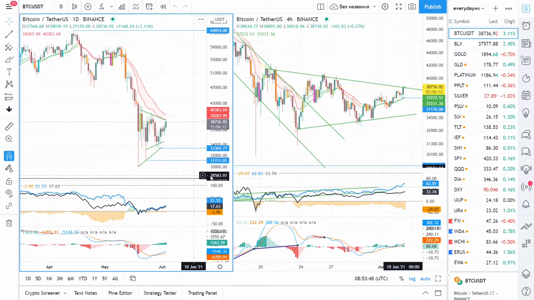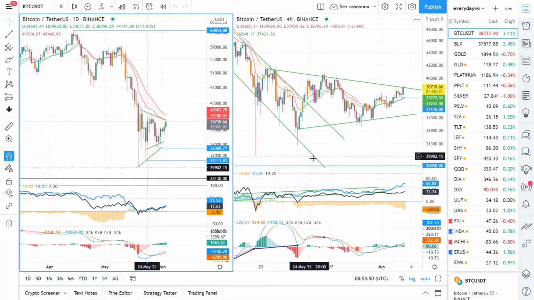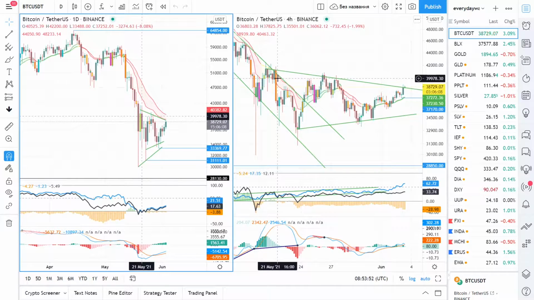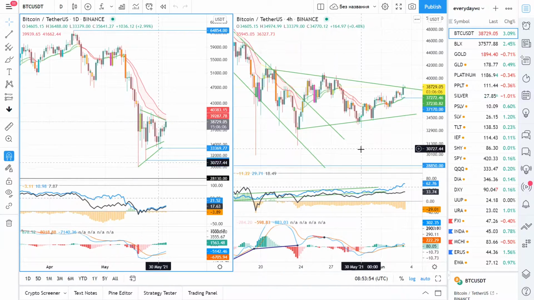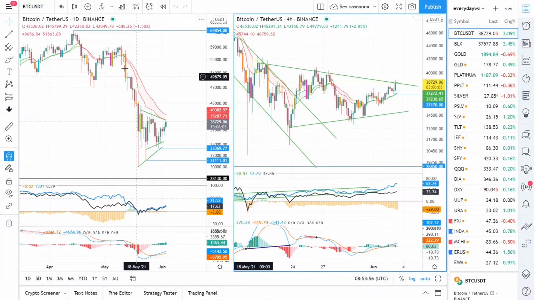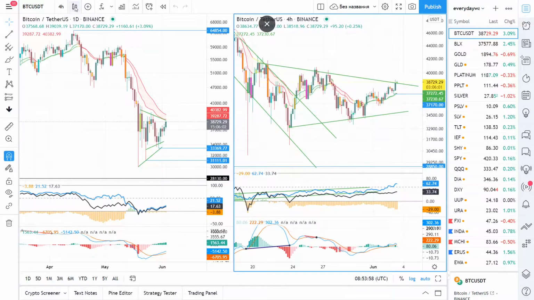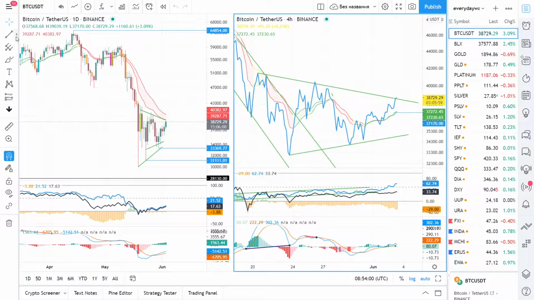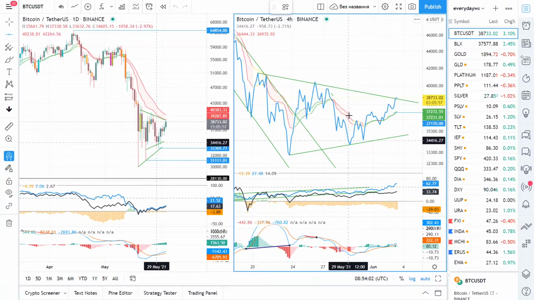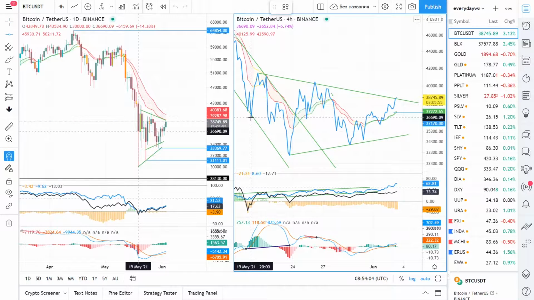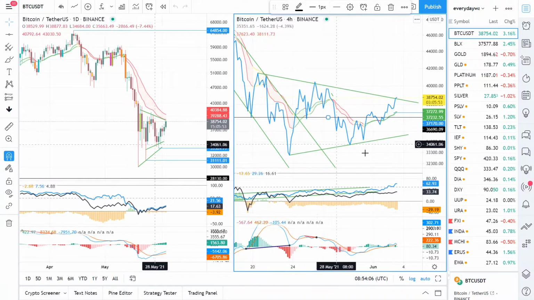And on the 4 hour chart, what's interesting is that it started consolidating and it's starting to form a triangle, which might be quite bullish if we try to put a middle line.